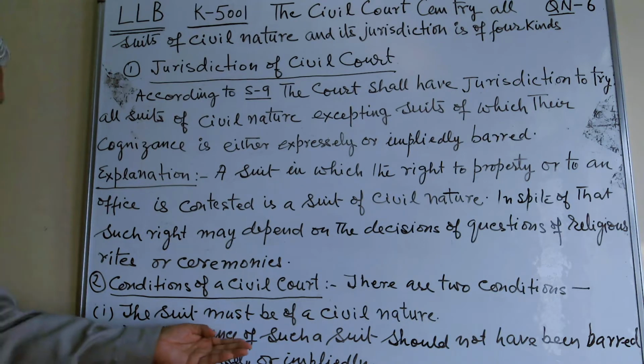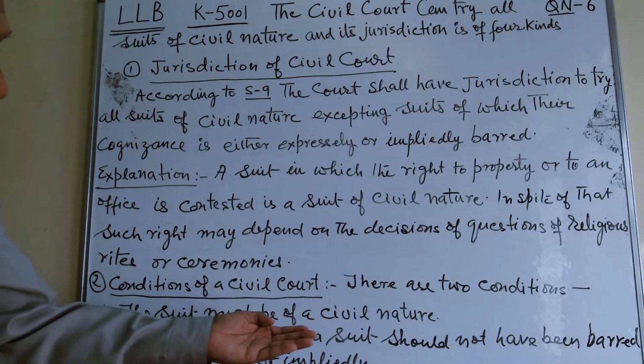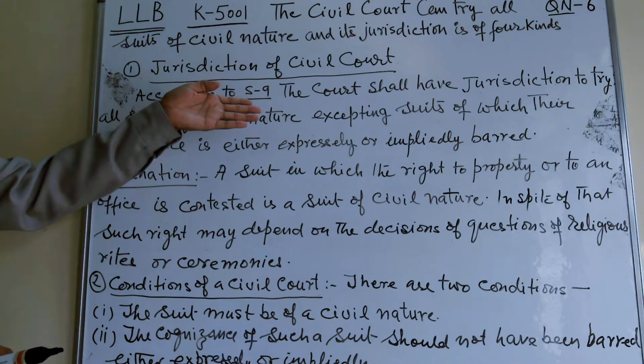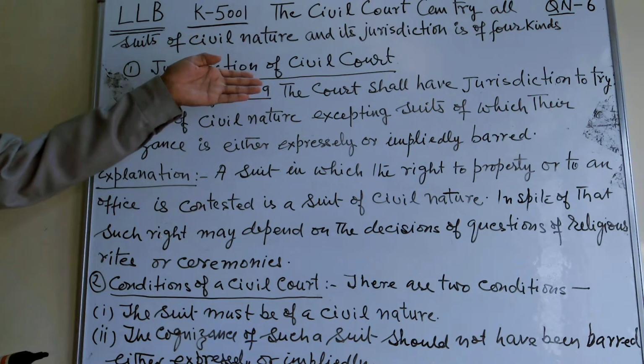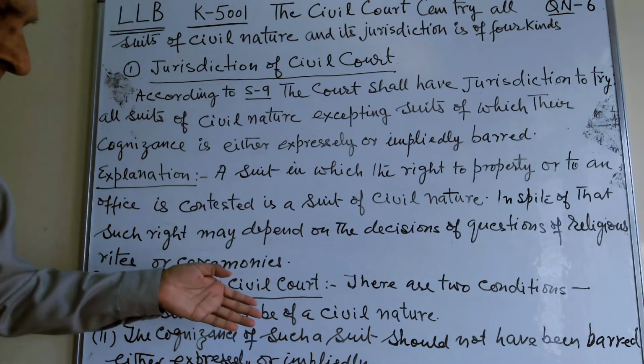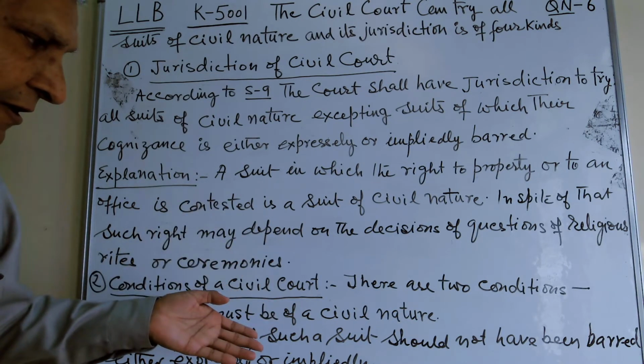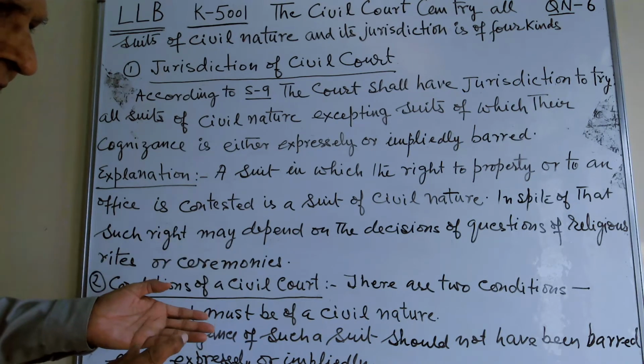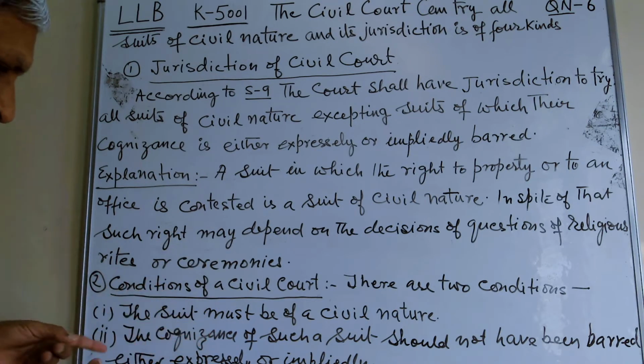The cognizance of such a suit should not have been barred, either expressly or impliedly. This is the condition as I have discussed above. Case must be of civil nature and cognizance should not be barred, either expressly or impliedly.